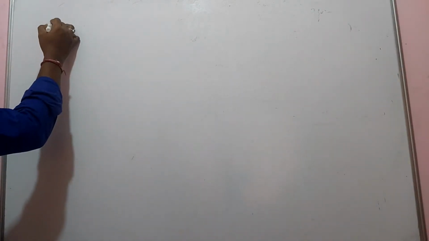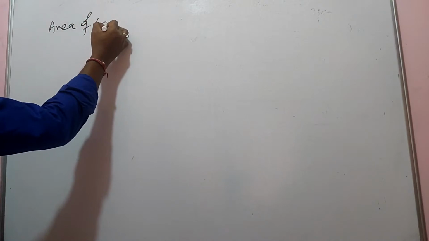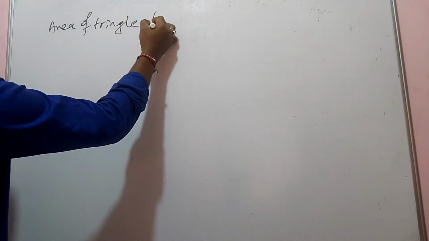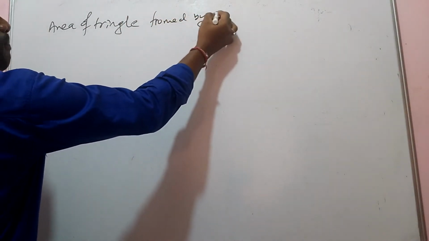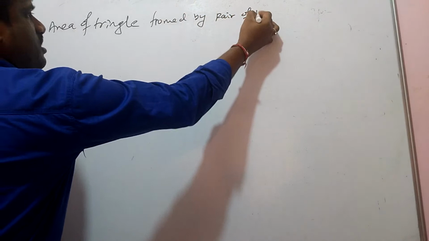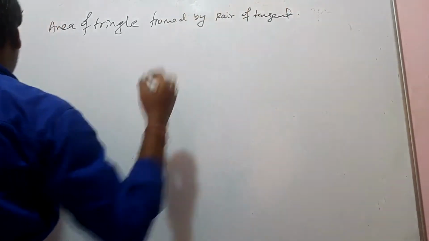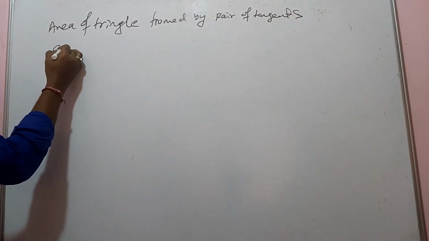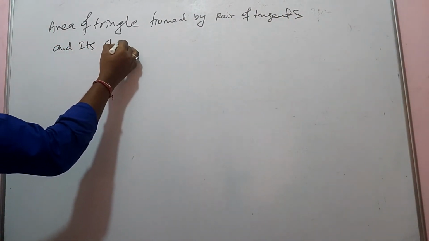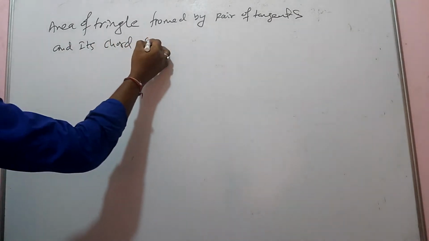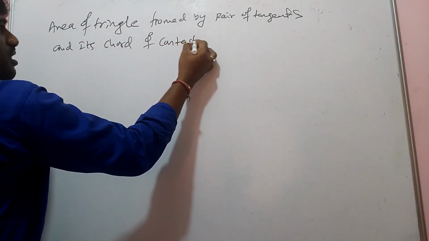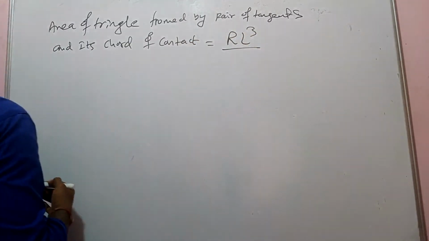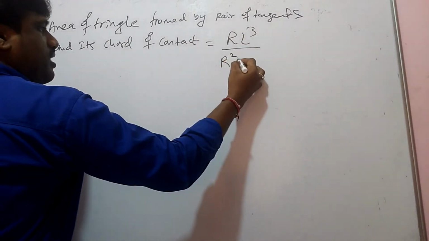Okay, area of the triangle, I gave a formula. Do you remember? The area of the triangle formed by the pair of tangents and its chord of contact is equal to the formula I gave, r into L cube divided by r square plus L square.